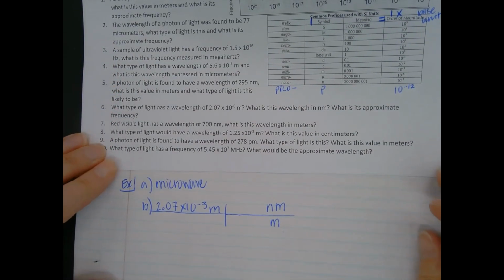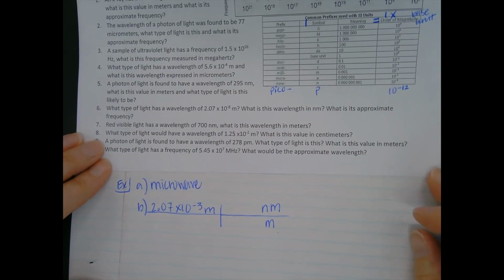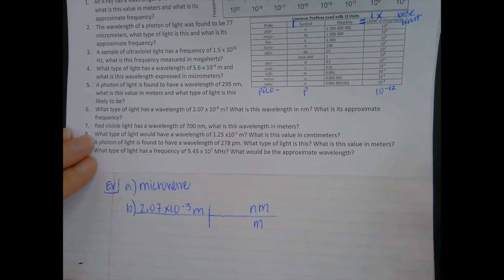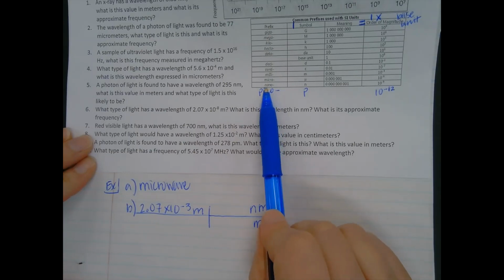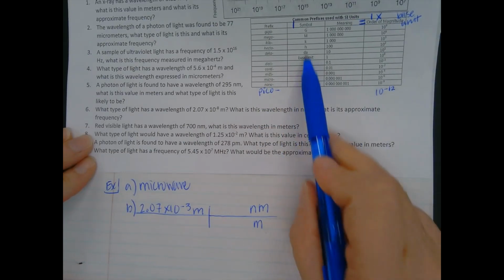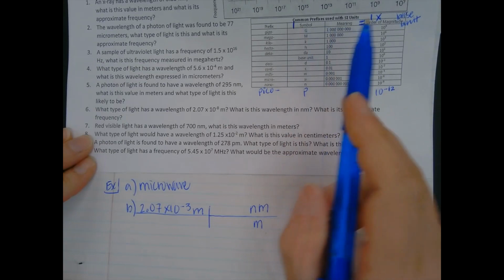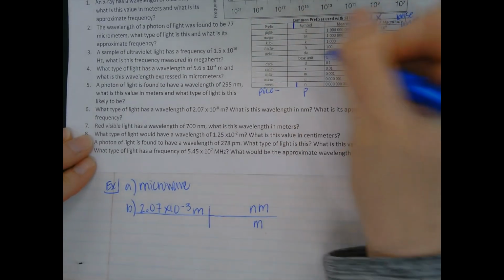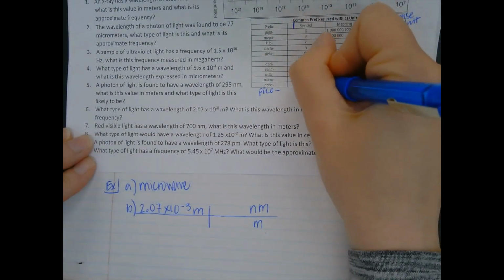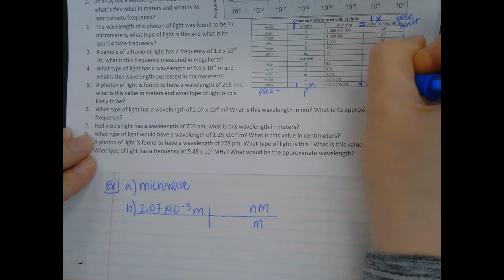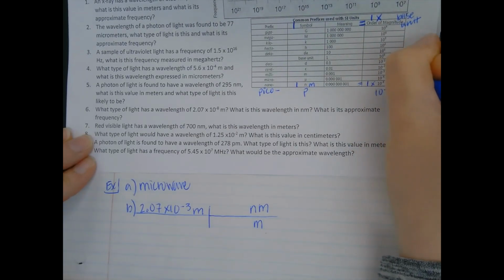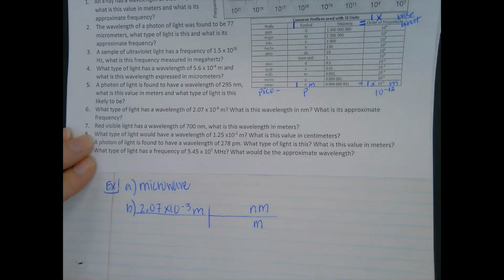So what we're going to do then is look at our metric system chart. Nano is right here. It's a small unit. So I'm going to say, just like we had talked about earlier, 1 nanometer equals 1 times 10 to the negative 9th meters.